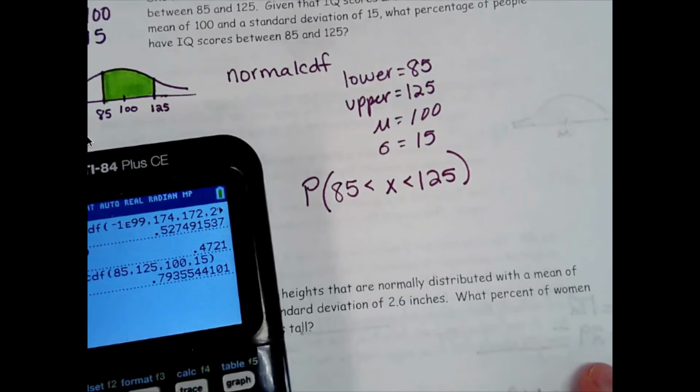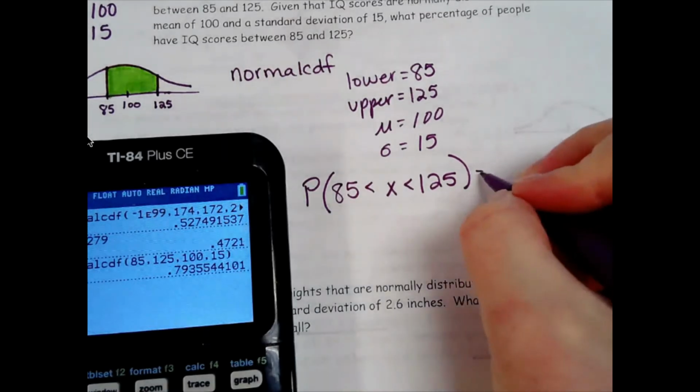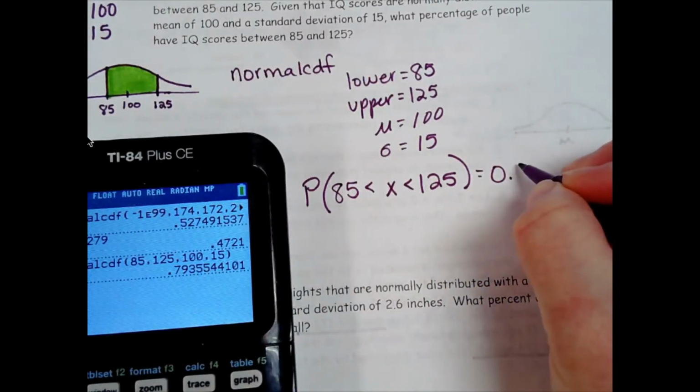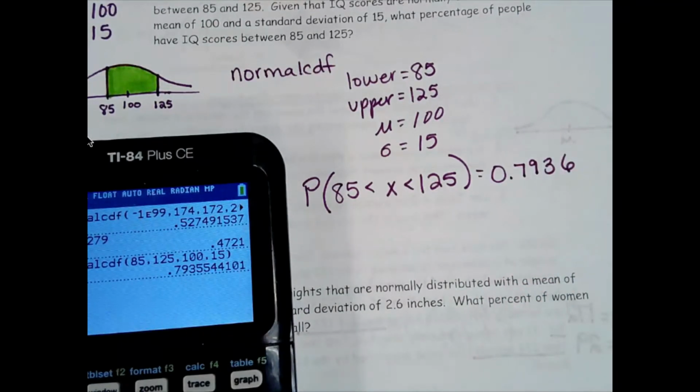So it's the compound inequality between 85 and 125, and we get 0, let's go to 4 decimal places, 7936. So almost 80% of people will fall between those two IQ scores.